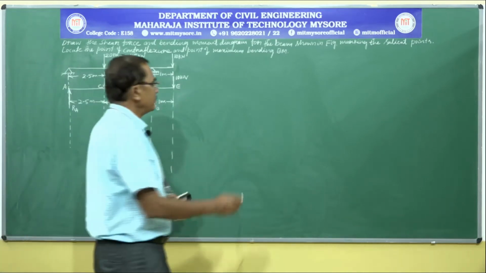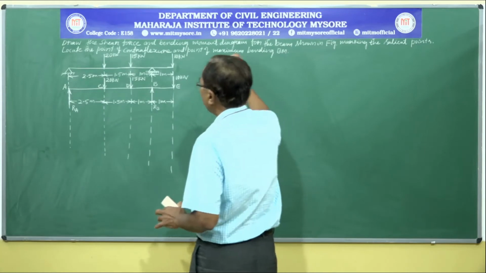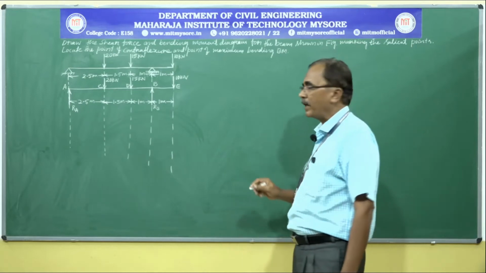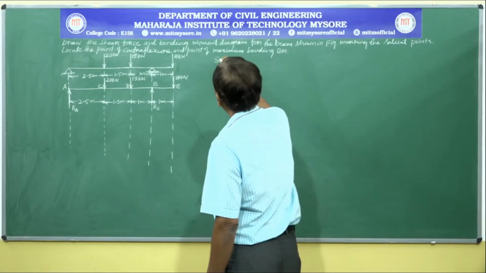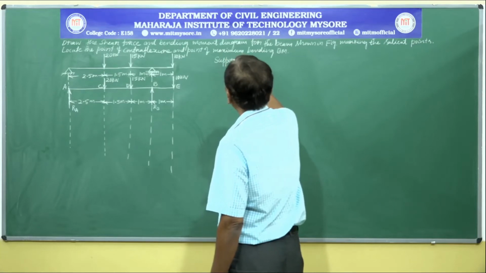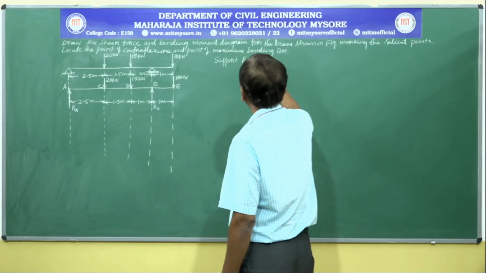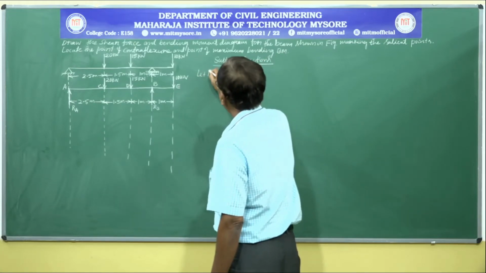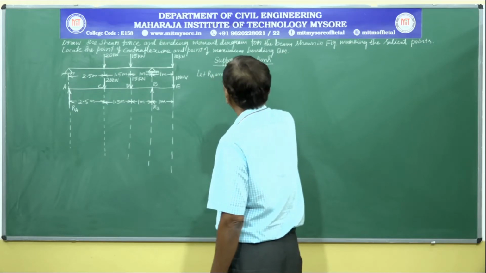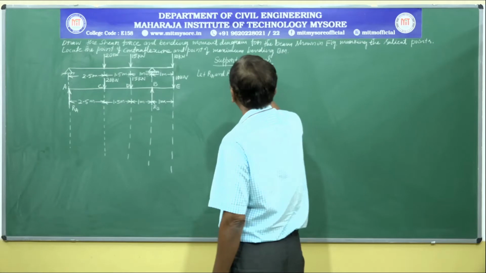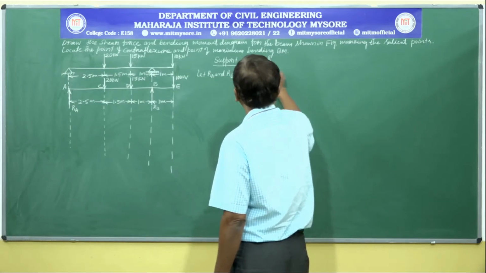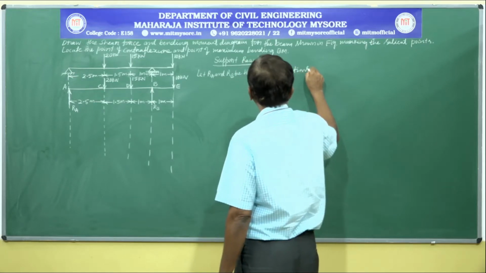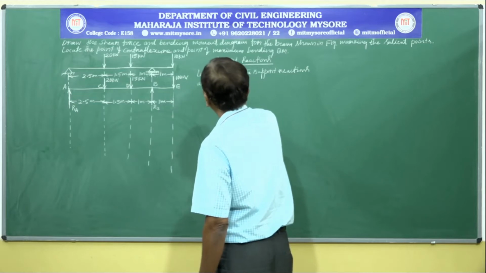So, coming to the right hand side of the page, let us calculate the support reactions by considering all the forces acting on the beam, including support reactions. Let RA and RB be the support reactions at A and B respectively.